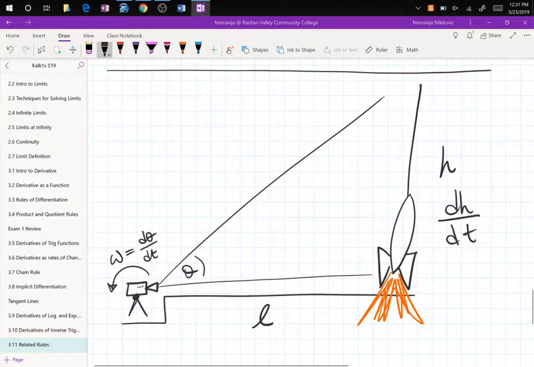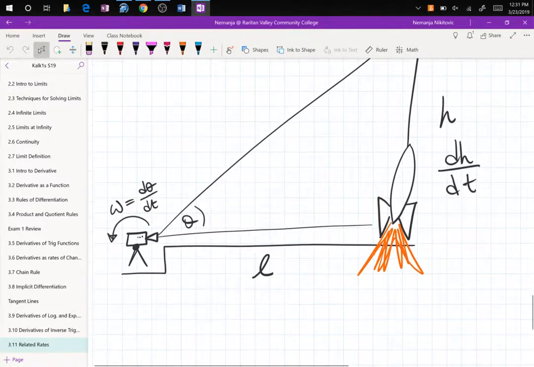So my first question is, what is the geometry of this problem? Triangle. And which formula do we get to use in this case for a triangle? Are we going to use perimeter? Are we going to use area, trig, Pythagorean theorem?